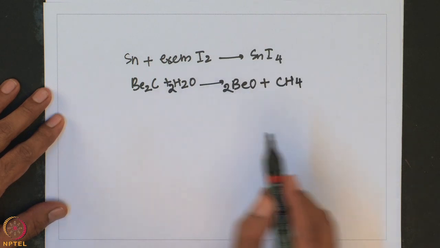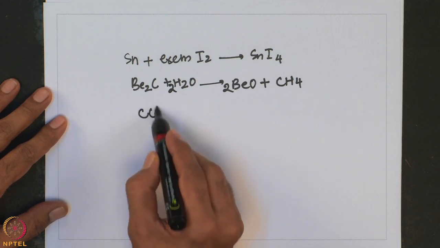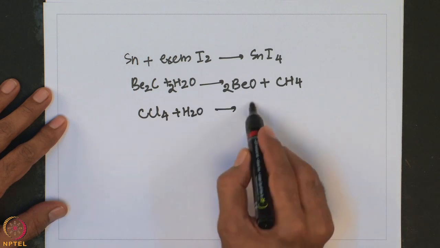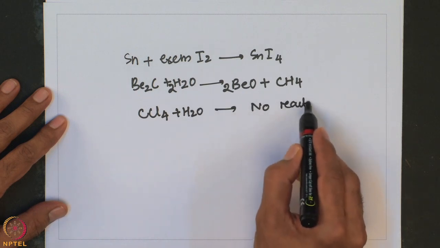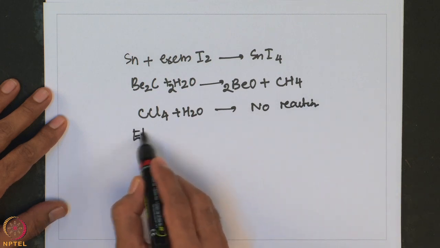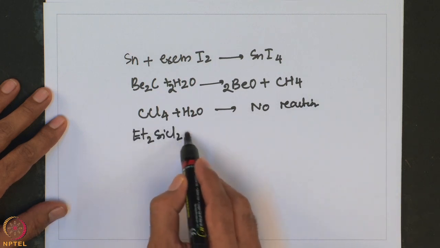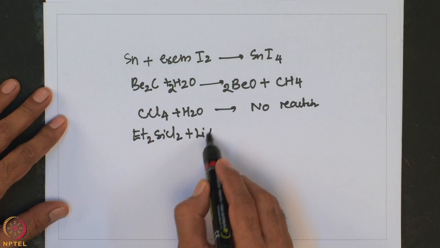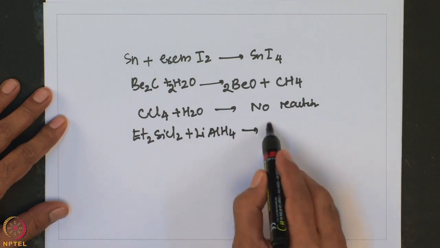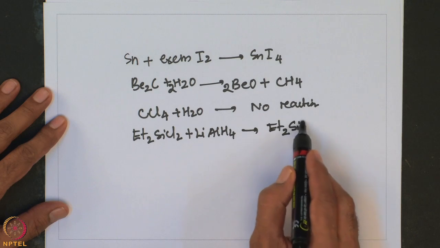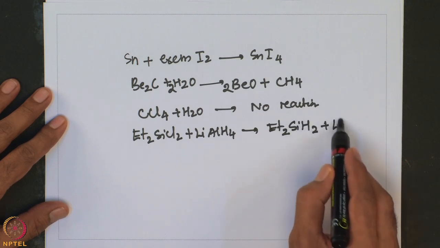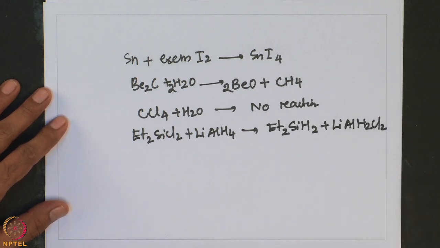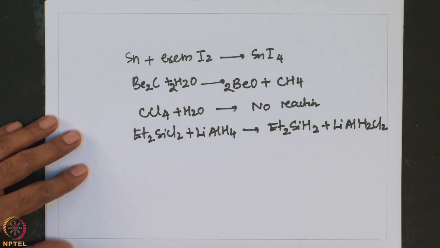Under normal circumstances CCl4 with water, no reaction, no hydrolysis, and diethyl dichlorosilane with lithium aluminum hydride leads to the formation of diethylsilane. Okay, so, this is how one can complete the reactions using a balanced chemical equation.